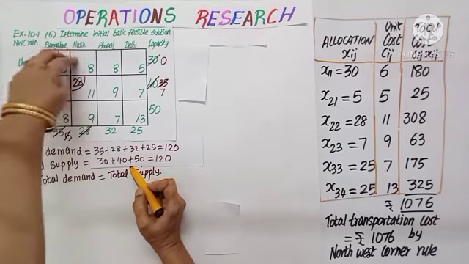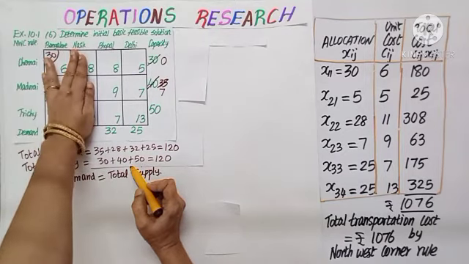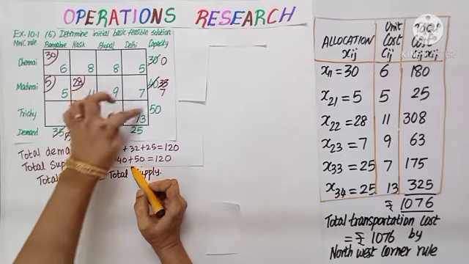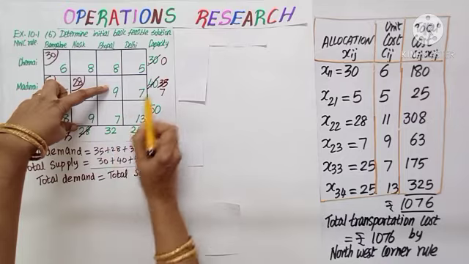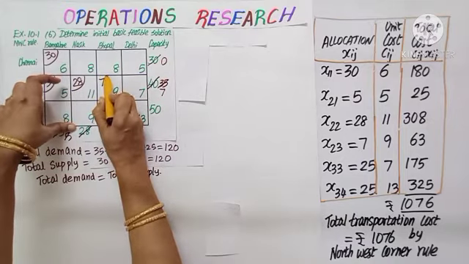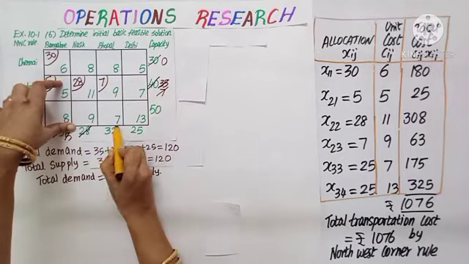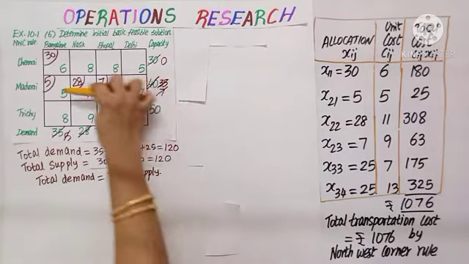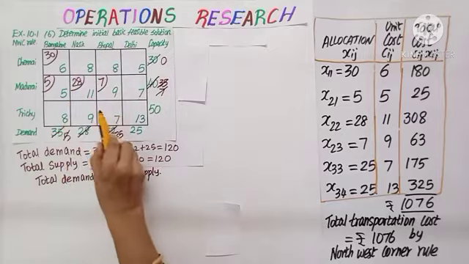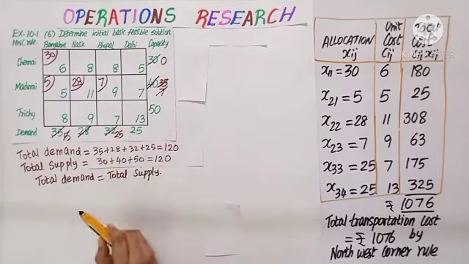Already first row done. Now 2 columns done. So we are left with the 4. Northwest is here. 7 or 32, 7. So allocate 7. Cancel. This becomes 25. Now every row is done other than the last 2 cells.